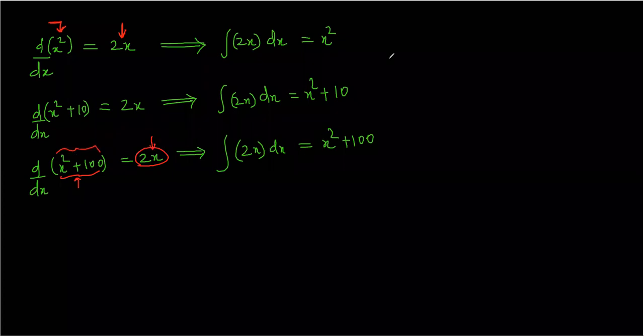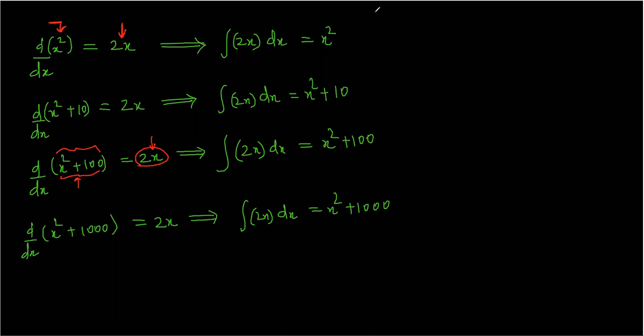This way, if I continue ahead, no matter how big a constant I add, with x square plus 1000 the derivative again is 2x. And when I apply the definition of integration, I will get integration of 2x dx is equal to x square plus 1000. Now from this you all must have understood, students.